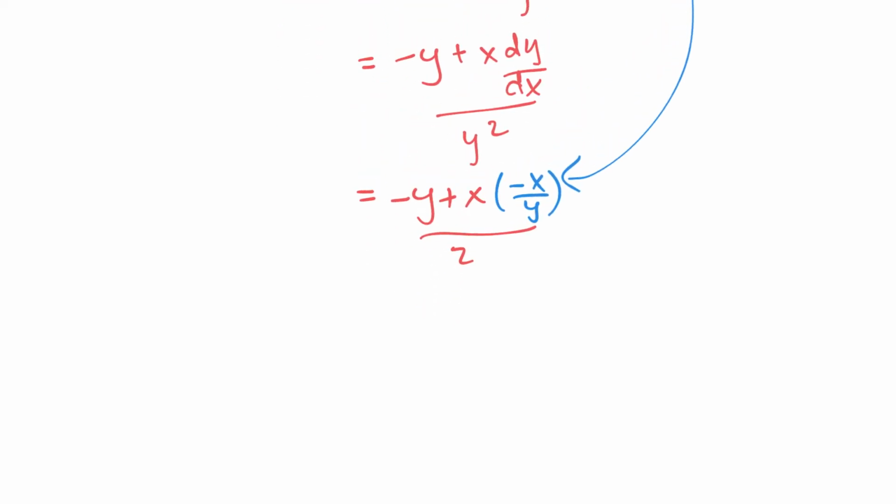And so that means we have negative y minus x squared over y, over y squared.